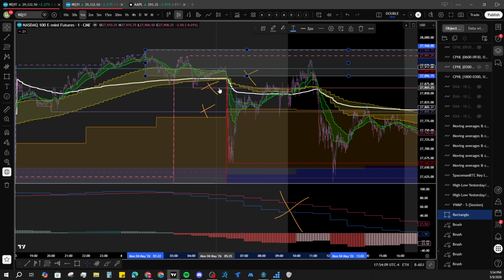You see how pre-market came under London, under Asia, and that was it. There's at least one overlapping the two. There's nothing overlapping here, so we could probably say there are strong sellers up here.